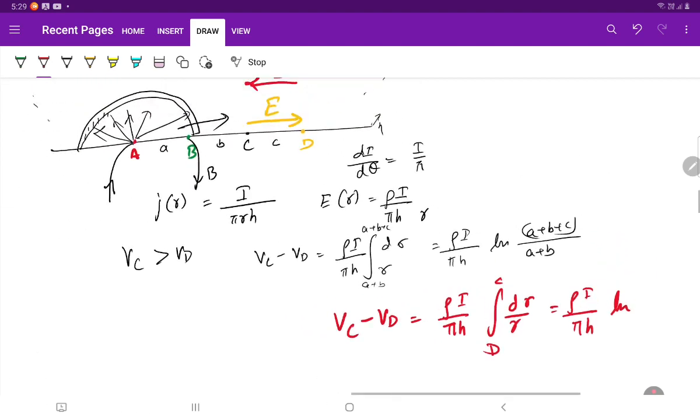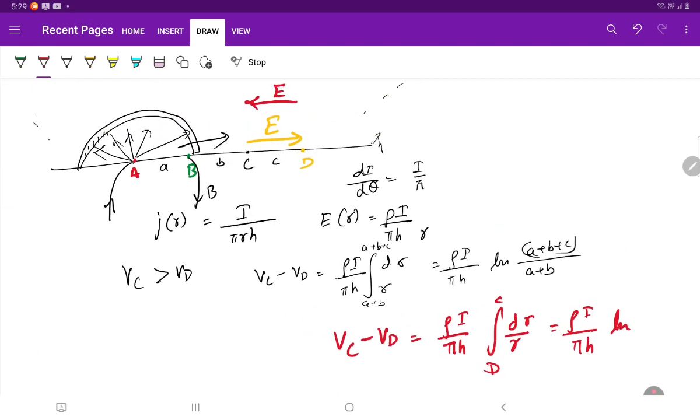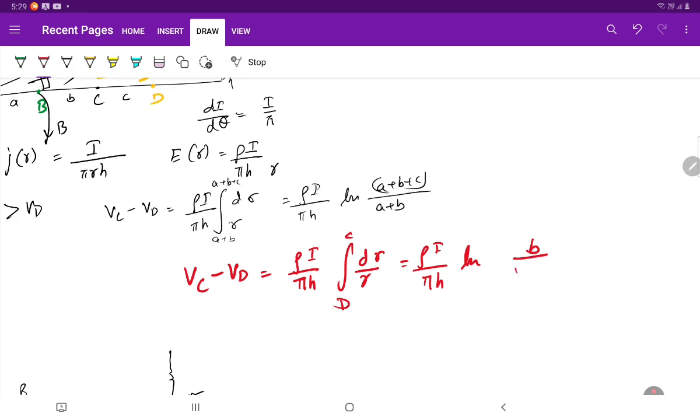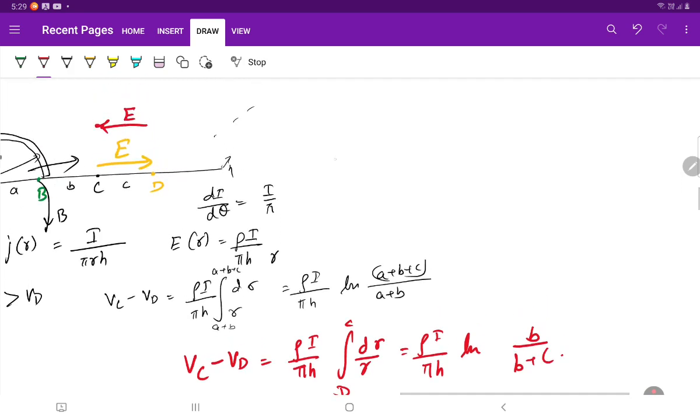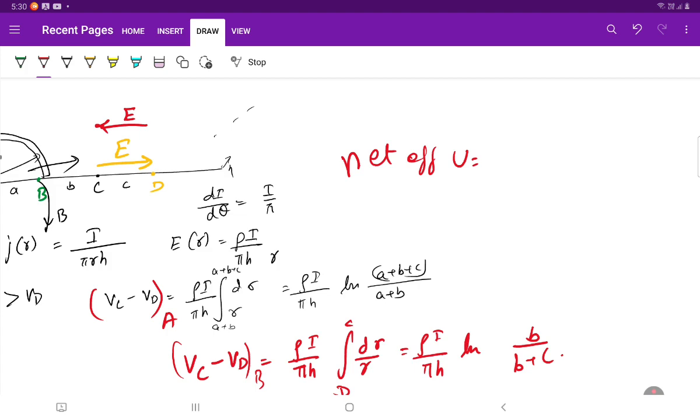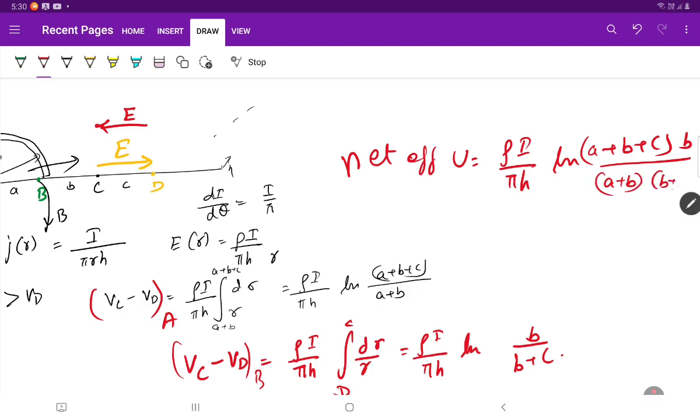What is the distance between B and C? Distance between B and C is small b, and B and D is b plus c. Now what is the net effective voltage? Net effective voltage is equal to the contribution due to A and contribution due to B. That is the contribution due to the ingoing current through A, and the contribution due to the outgoing current through B, which will come out to be rho I by pi H ln of (a plus b plus c) into b by (a plus b) into (b plus c), and that's the answer.